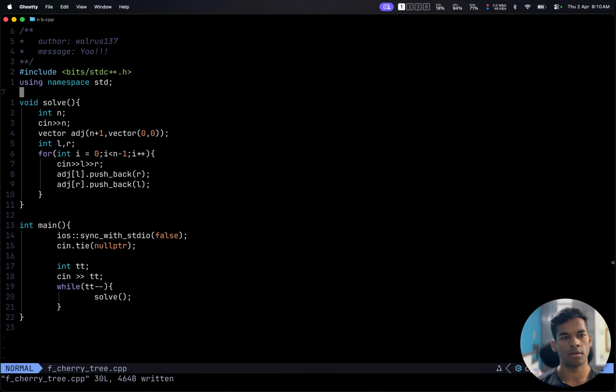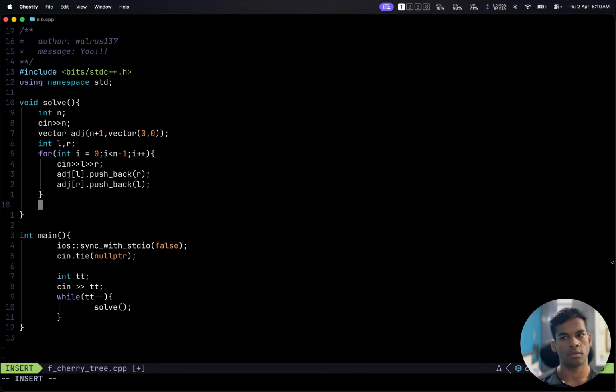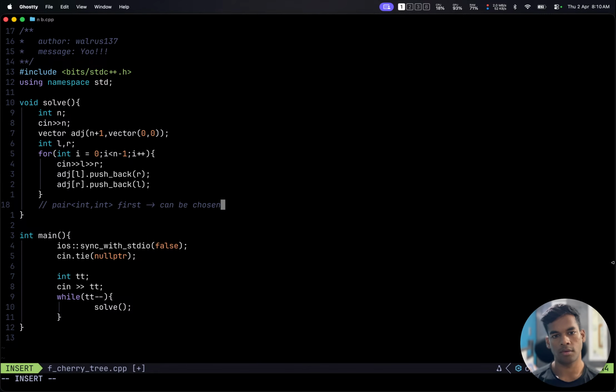Pair, pair, pair. First means it has been chosen as a subset with size mod 3 equal to 1.